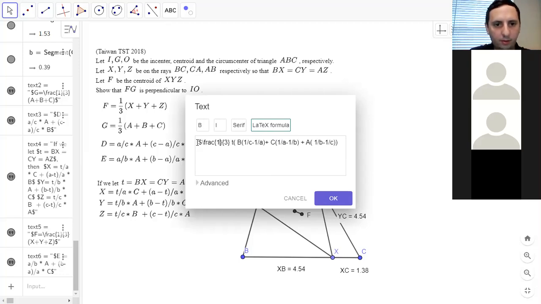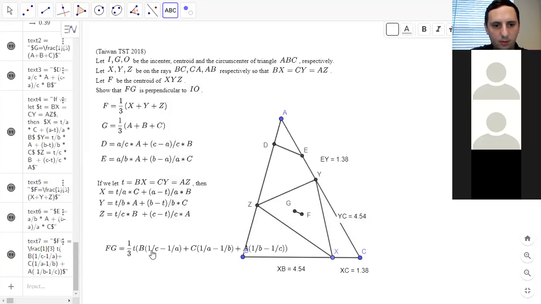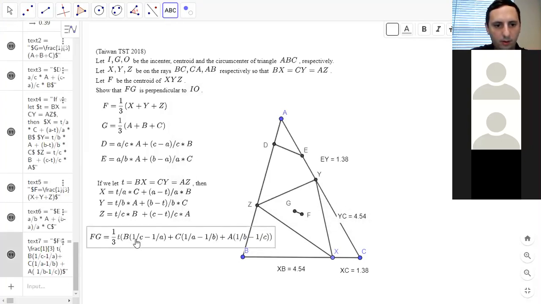Okay, so basically this is FG. I don't know how to do the little vector thing, but is that right?